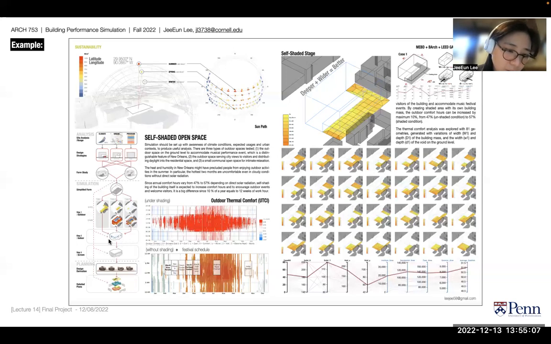Then we looked at the indoor space, made some terraces, and added a screen. Later on, we did a little more design study with small design models, and then we came up with our final design.